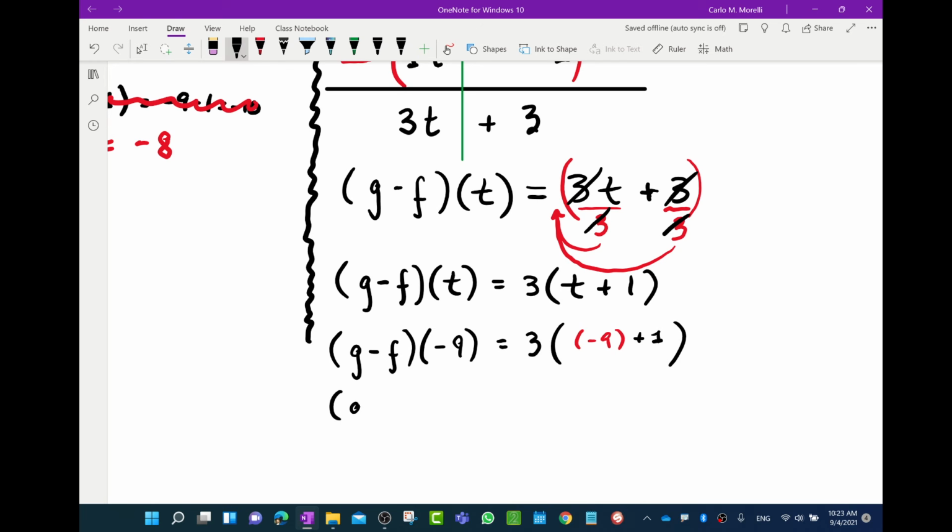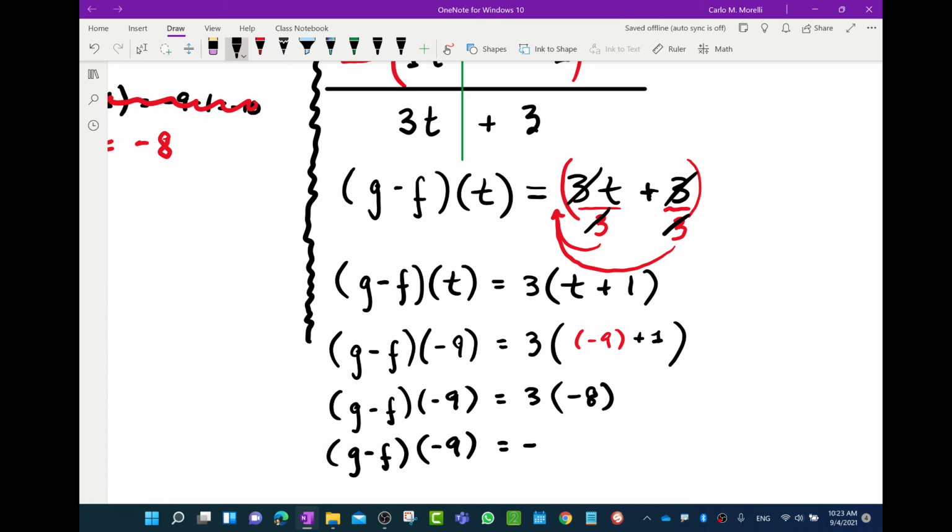So the difference of functions g and f evaluated at negative 9 equals 3, open parentheses, negative 9 plus 1 is negative 8. So the difference of functions g and f evaluated at negative 9 is equal to negative 24.